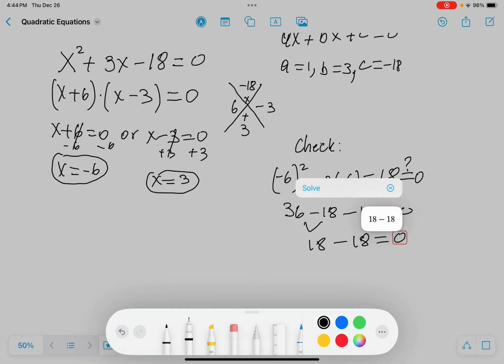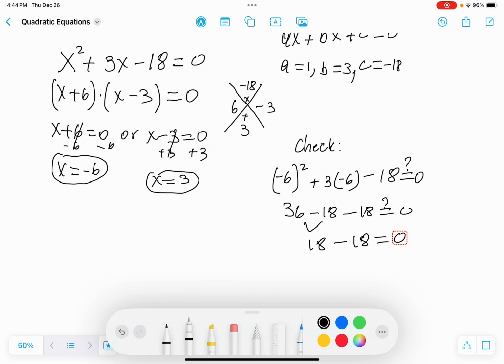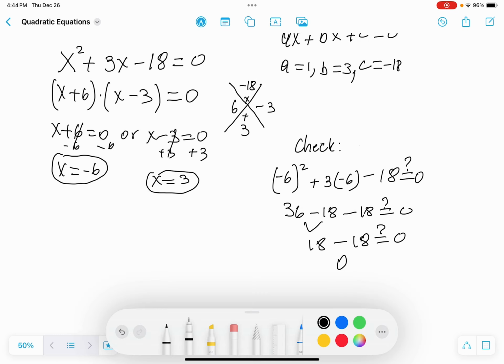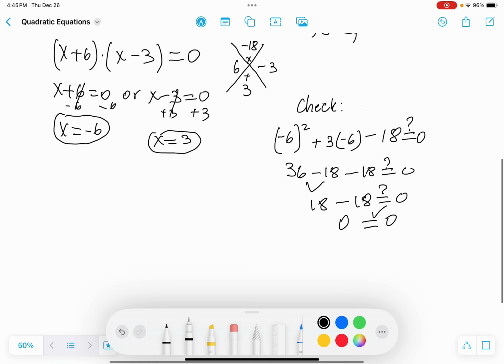Let's check. 18 minus 18 is 0. So is 0 equal to 0? Yes. When I find the left side and the right side are equal, that means the solution x equals negative 6 is correct. Let's check x equals 3.